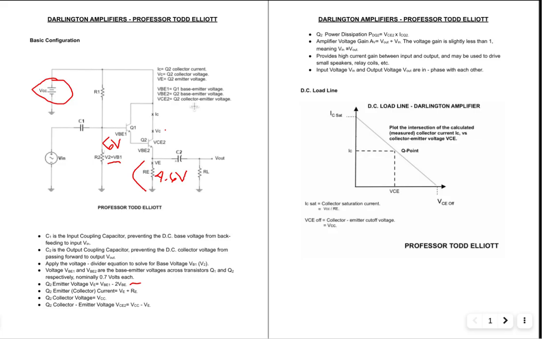Look at the emitter of Q1, look, boom. It's providing the base current to Q2. Okay. So we start with our base voltage of Q1. Just use the voltage divider to solve for V2 across R2.